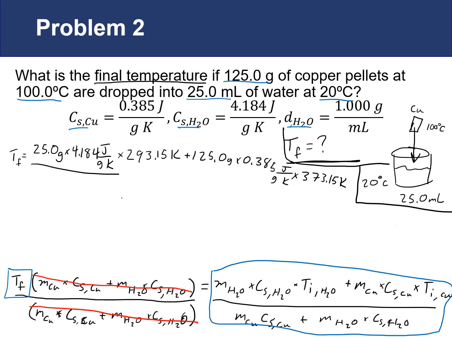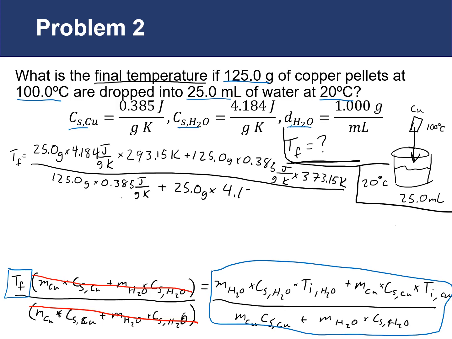Okay, we're going to divide all of this by the mass of copper, 125.0 grams, times the heat capacity, 0.385 joules per gram Kelvin, plus the mass of water, 25.0 grams, times the specific heat capacity of water, which is 4.184 joules per gram Kelvin.